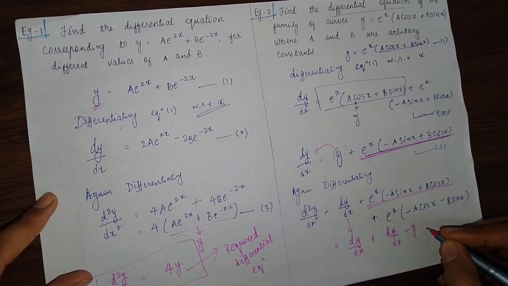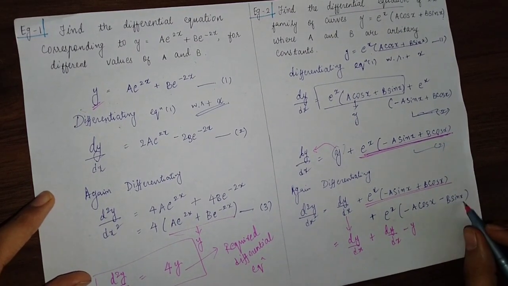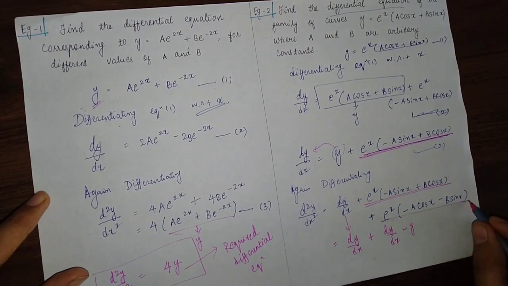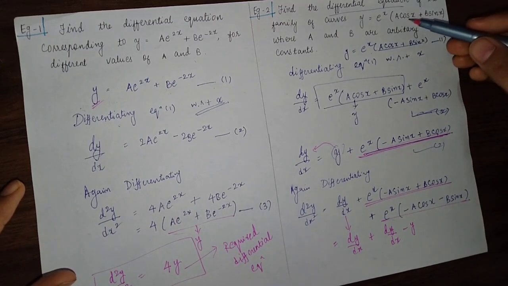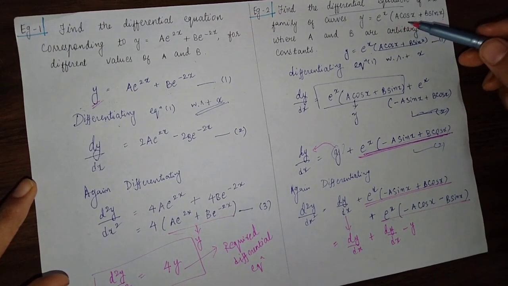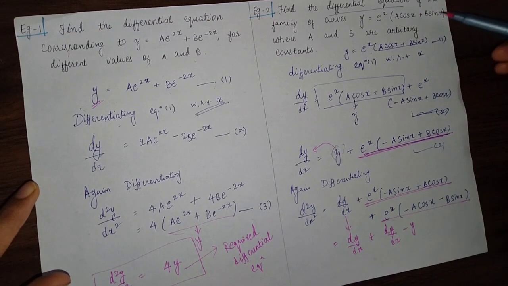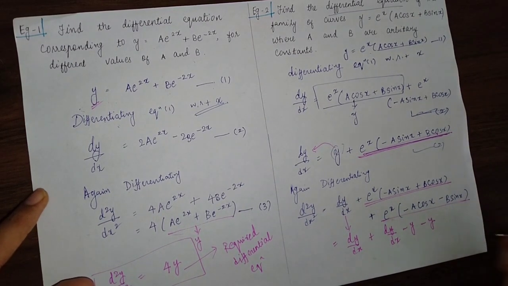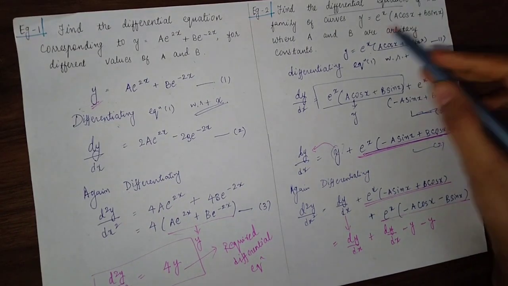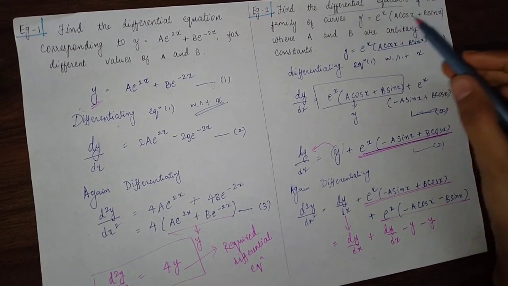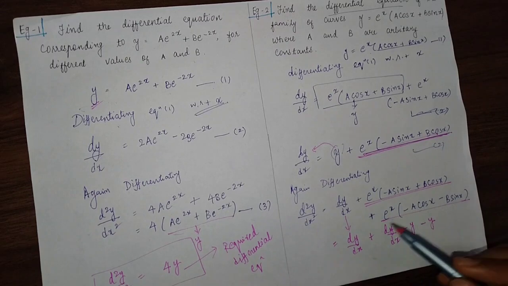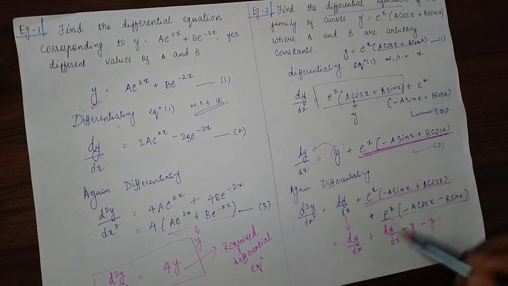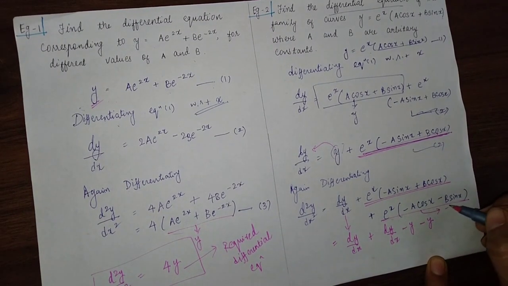minus y. And what is this term? This term is nothing but the given y. But the given y is positive, that is a cos x plus b sin x. But if we take the minus sign common, then it will be minus y. This is given to us in positive, but if I take the negative sign common from this, then it will be equal to minus y.